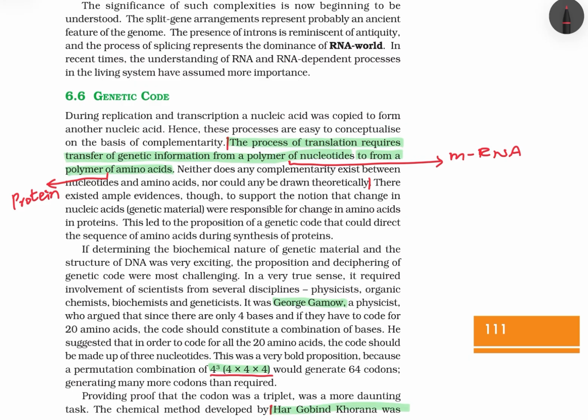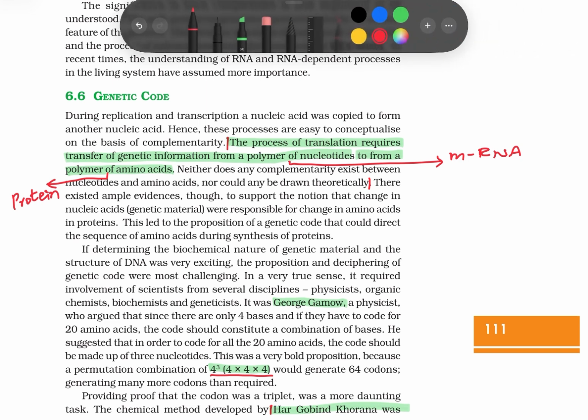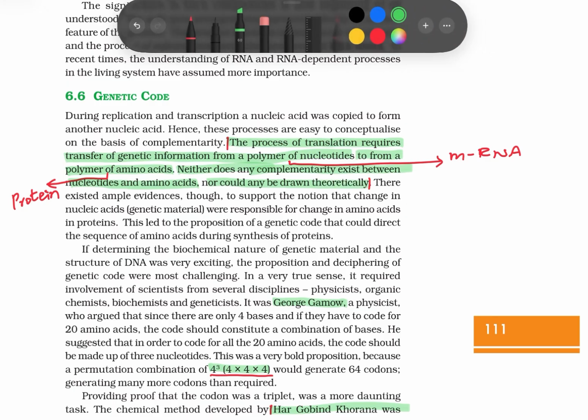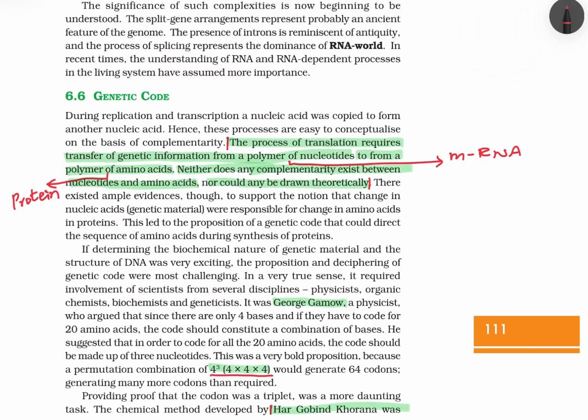And in this process, neither does any complementarity exist between nucleotides and amino acids, nor could it be drawn theoretically. Let us take a simple explanation for this.